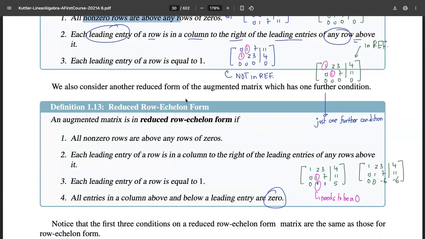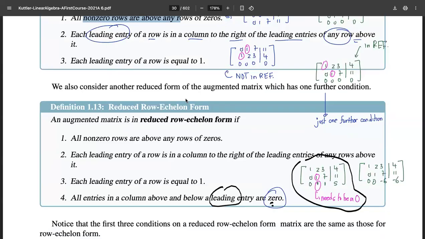That is 1. And the elements above and below this are not 0. So I have to change these entries, the entries below and above the leading entry, to 0, and then it satisfies the condition to be a reduced row echelon form.